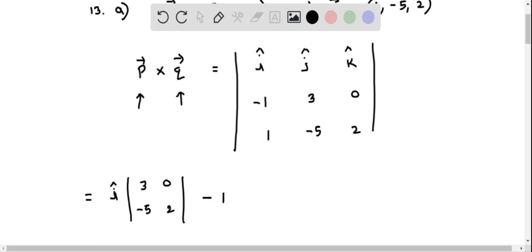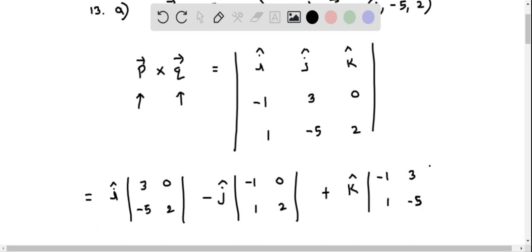Then we put negative j vector, and then multiply this with the 2 by 2 determinant, leaving the row and column represented by j vector. So you will then have -1, 0, and 1, and 2. And similarly, we do for the k vector. So this will be multiplied with the 2 by 2 determinant, that is -1, 3, and 1, -5.